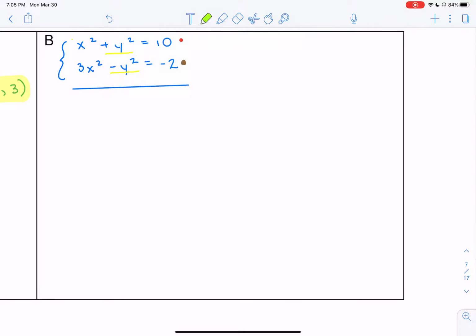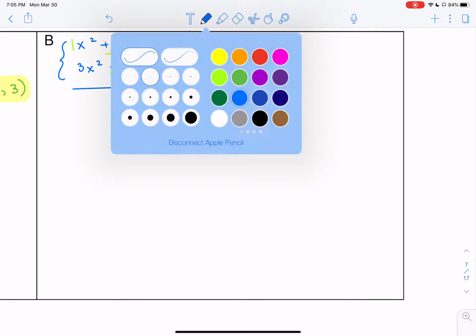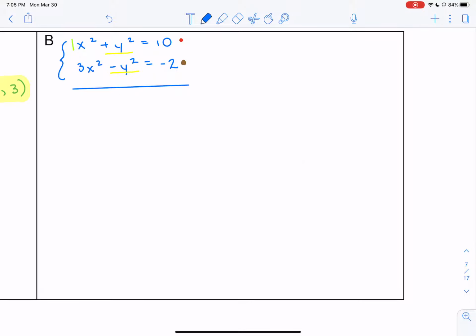Keep in mind that you have this silent 1 out in front of that first equation. Adding them together, I have 1x squared plus 3x squared. That's 4x squared. The y's cancel. On the right side, I have 8. Okay. Then I'm going to divide both sides by 4. I get x squared equals 2.